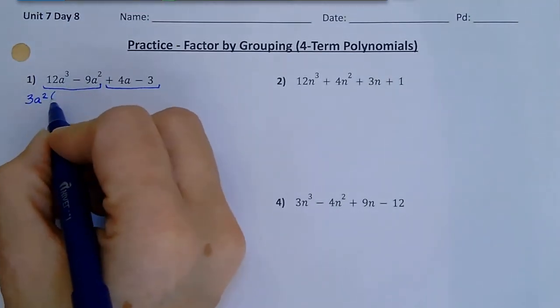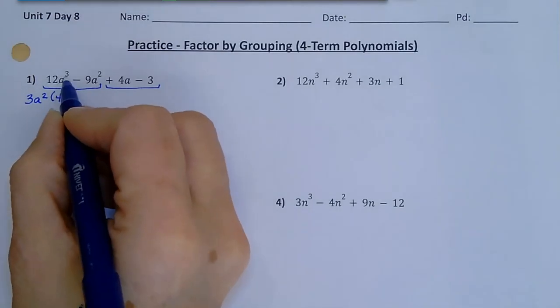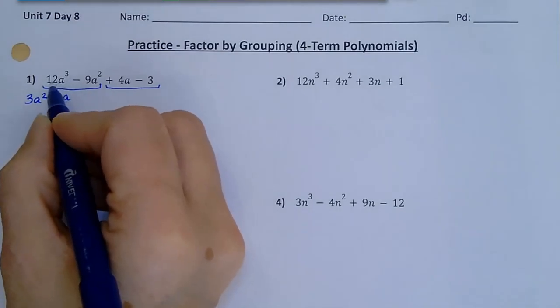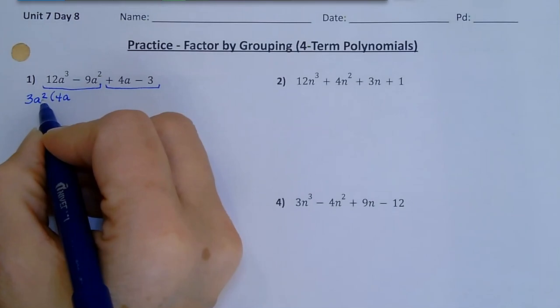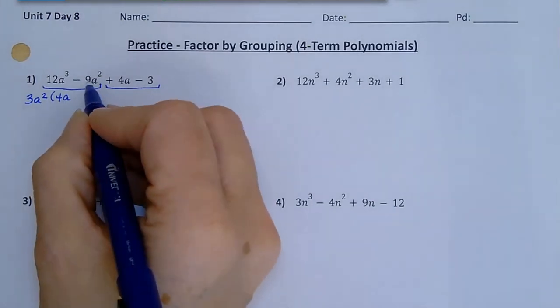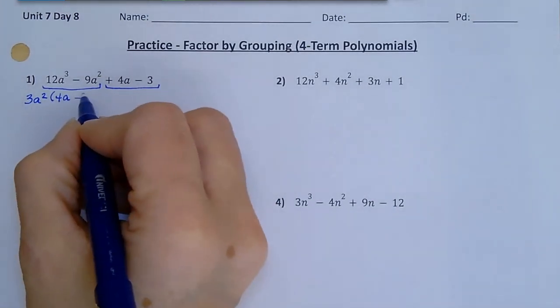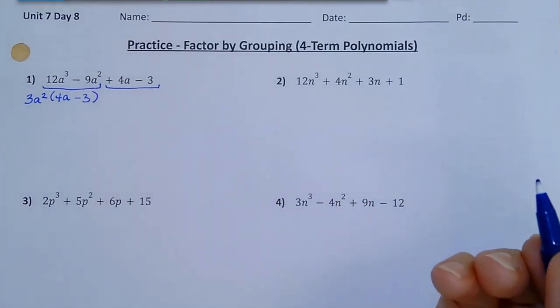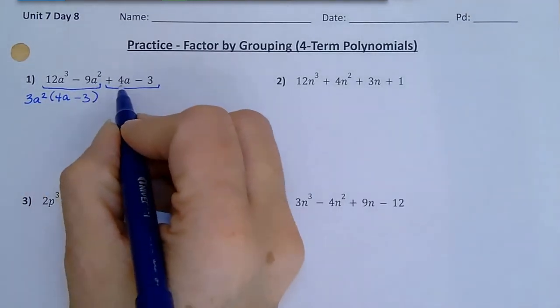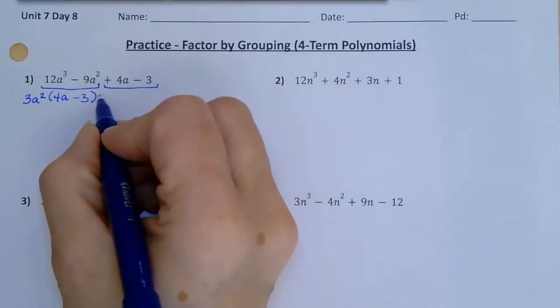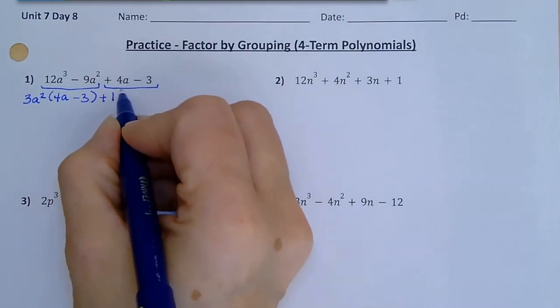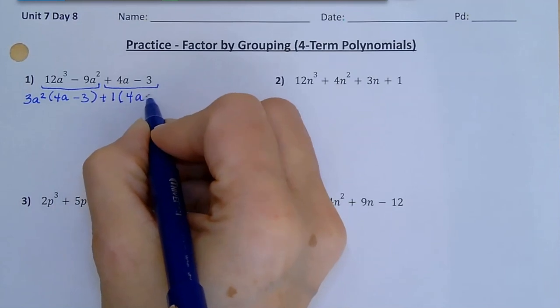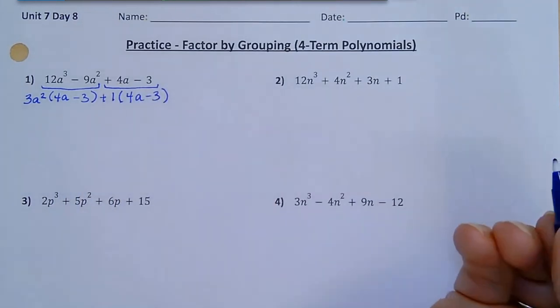I'm left with 4a, right? 12a cubed divided by 3a squared, 12 divided by 3 is 4, a cubed divided by a squared is a. Negative 9 divided by 3 is negative 3, and a squared divided by a squared is just 1, so that stays like that. Over here, I have 4a minus 3. Well, that's lucky, so I'm going to say this is plus 1 times 4a minus 3.